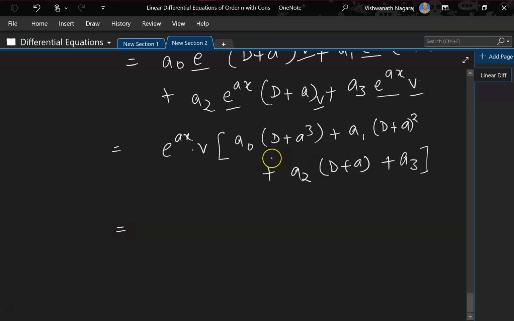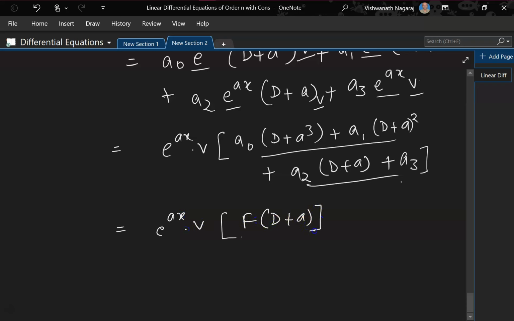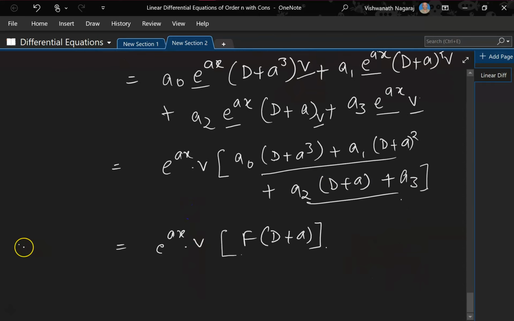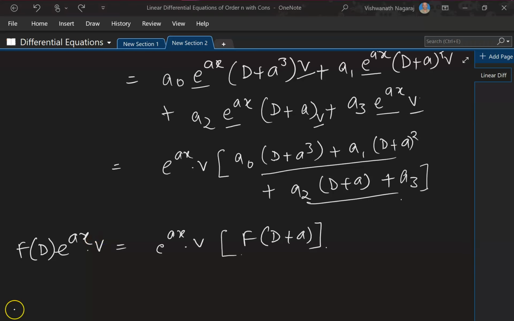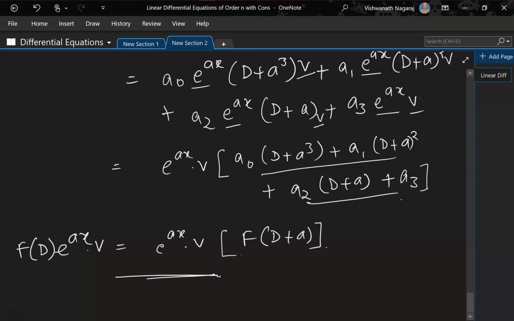Now this part can be written as f of D plus a. Remember, this is f of D e^(ax) V, and this is what we set out to prove.